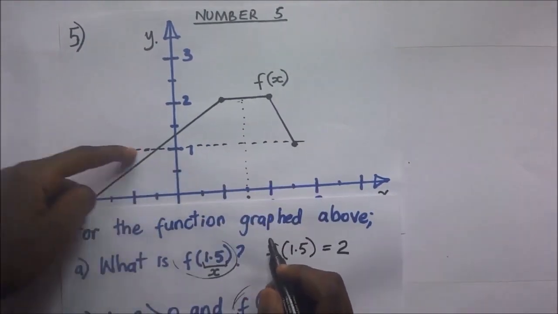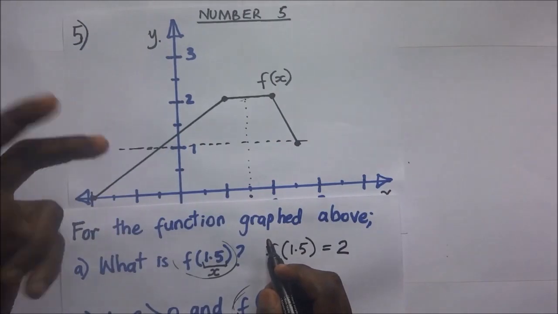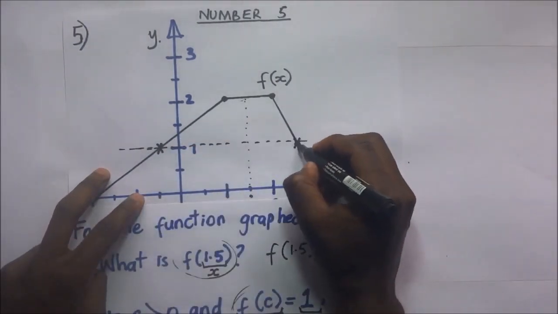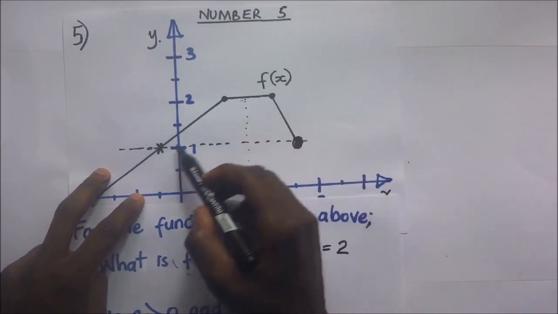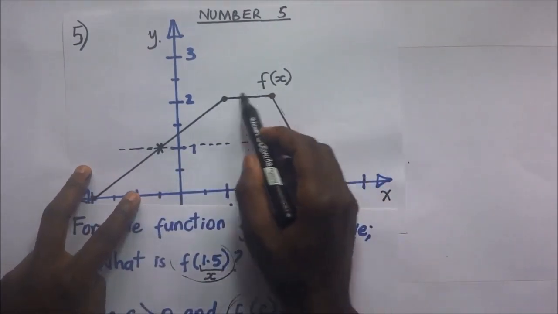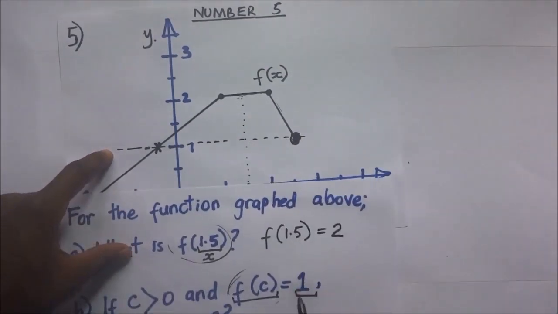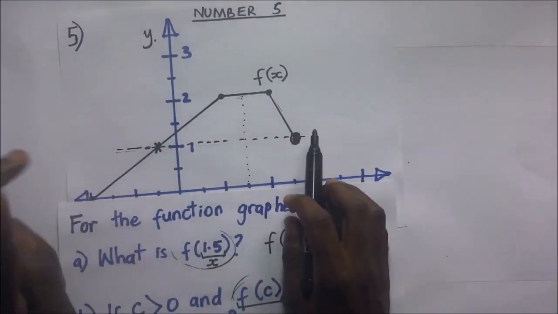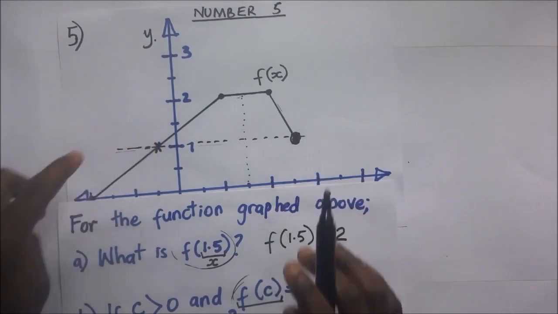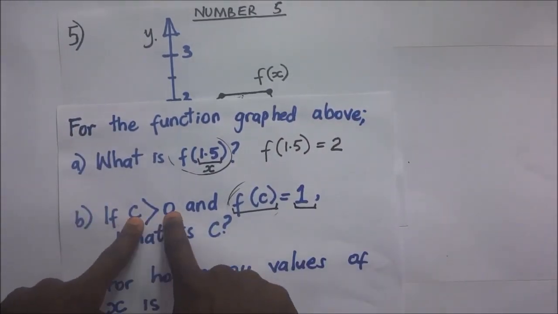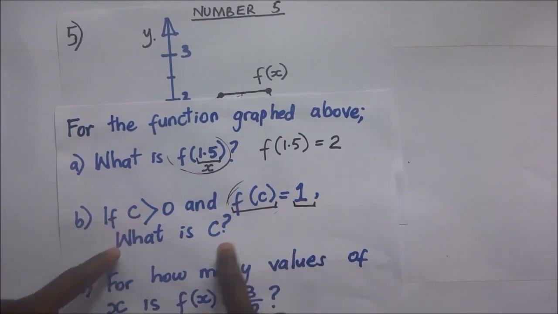So when our value of y is 1, there are two possible values of x. We have this value right here, we have this value right there. That is according to this graph. According to this graph, when our value of y is 1, or when our value of f of x is 1, the two possible values of x are this and that. But then the question is saying that if c is greater than 0 and f of c is equal to 1, what is c?